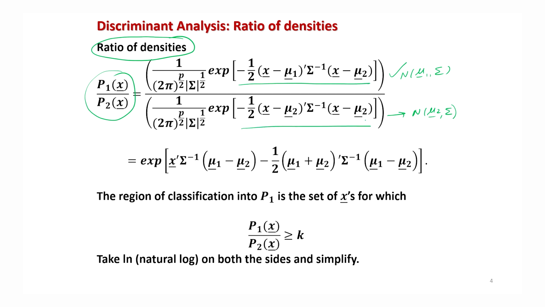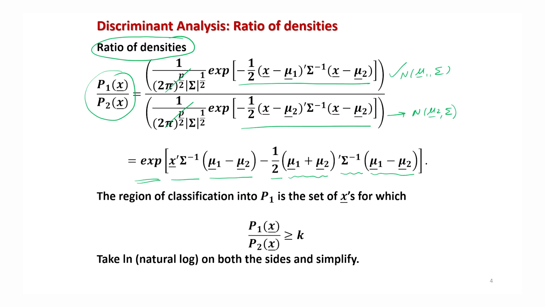If you simplify it, this part will get cancelled out and you will obtain the expression exponential of x transpose sigma inverse (mu1 minus mu2) minus 1 upon 2 (mu1 plus mu2) transpose sigma inverse (mu1 minus mu2), right? So now you can see this is the ratio of probabilities.